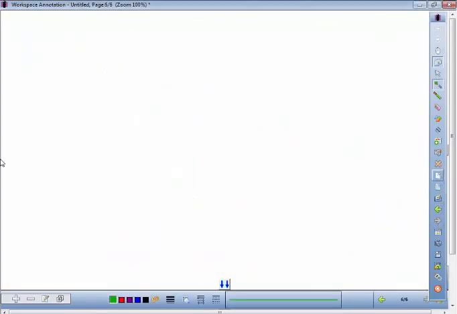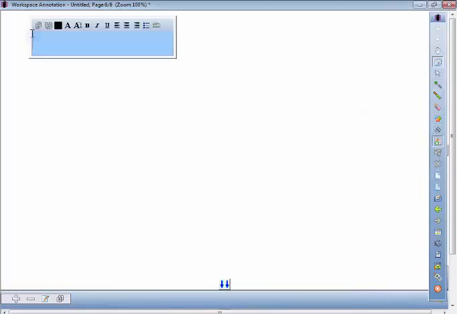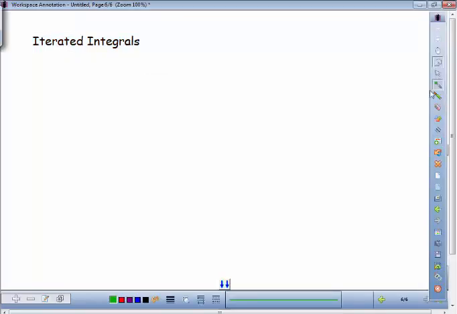So I just want to start you off with these integrals as iterated integrals. And this is going to be a lot more powerful than just plugging points into your function and then getting the height and then multiplying and getting estimates. Here, we're going to begin to get exact values, taking advantage of the Riemann sum idea.